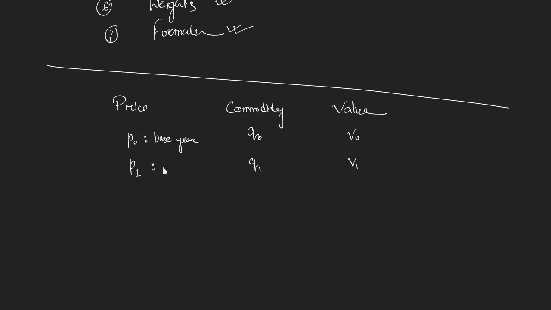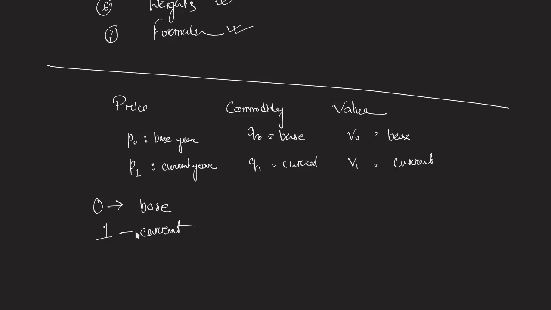This is price in current year. Similarly, this is base year, this is current. This is value in base year or base period. This is value in current. So basically 0 stands for base, 1 stands for current, right? P stands for price, Q stands for your commodity, and V stands for value, right?